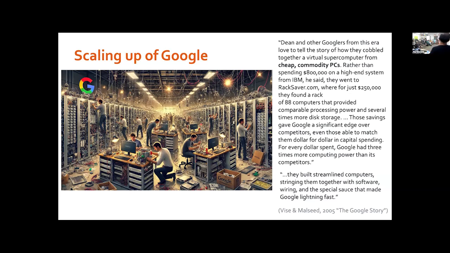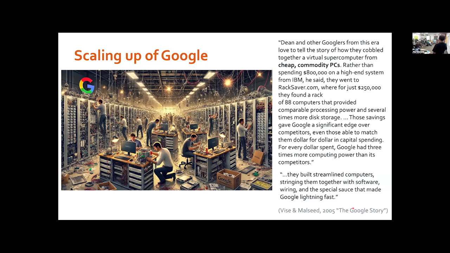Essentially, at some point Google realized they should just buy cheap hardware. This is from a book called The Google Story, which talks about how they scaled up. They realized, let's just buy cheap hardware because hardware is cheap.